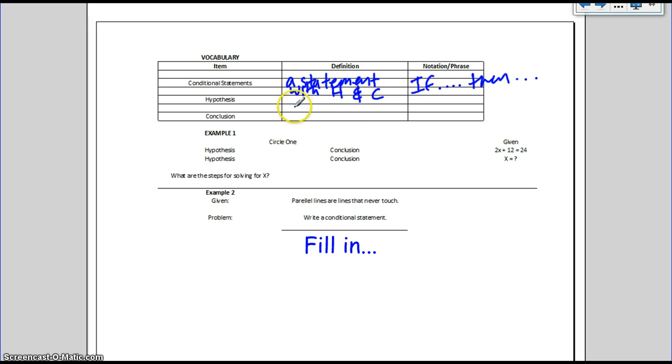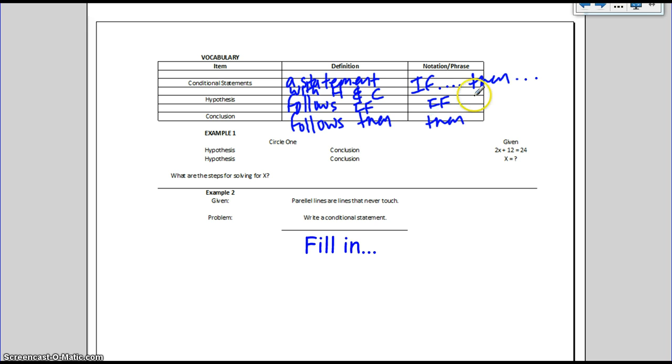A hypothesis follows the word what? If. So you can just write if here. And a conclusion follows then. So what's the notation? We can just put then.